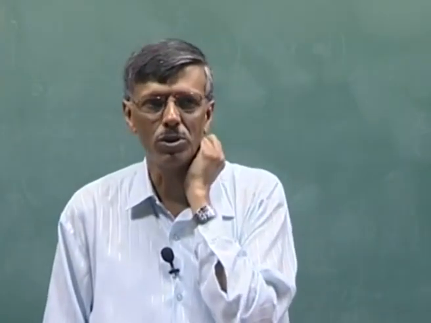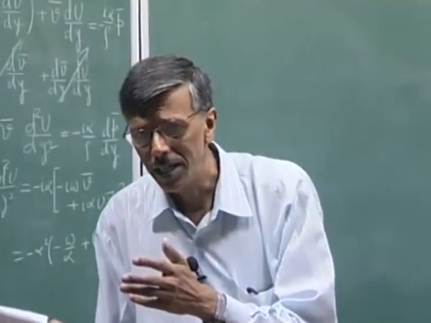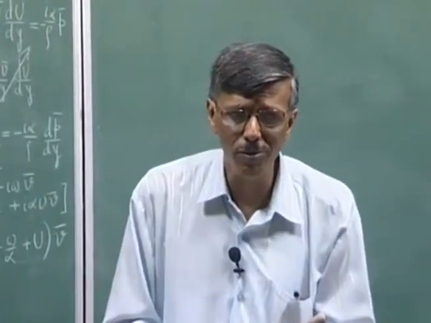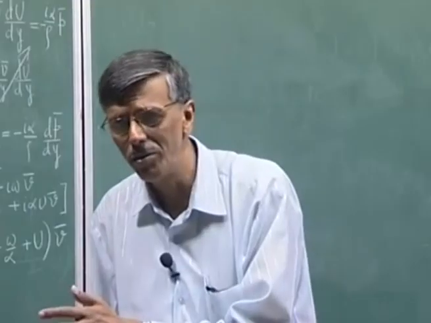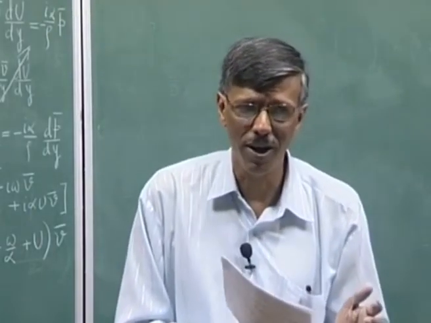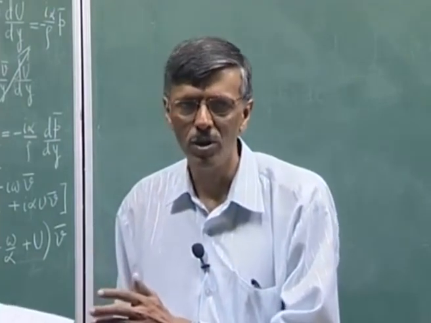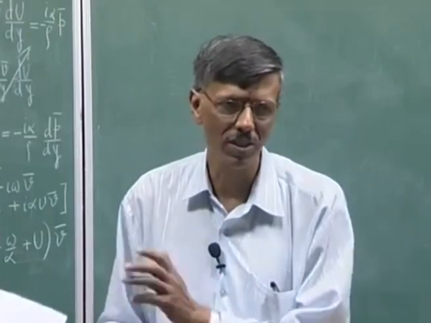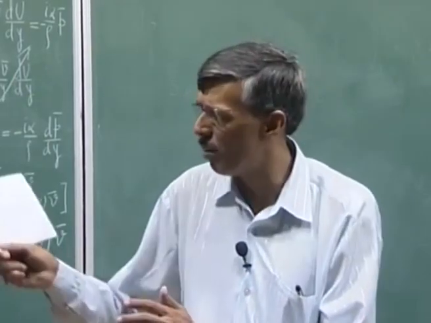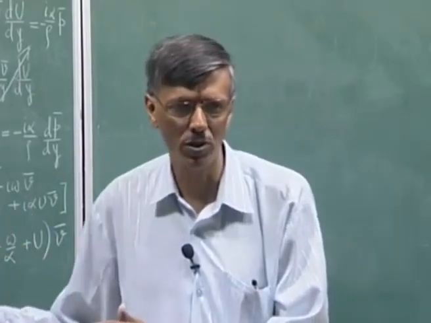What we could do is talk about a temporal instability, where omega will be complex and alpha will be real, and a spatial instability, where omega will be real and alpha will be complex. So we will start off from this in the next class. Okay? So we will adopt for this problem a temporal instability approach. Okay? I will stop.